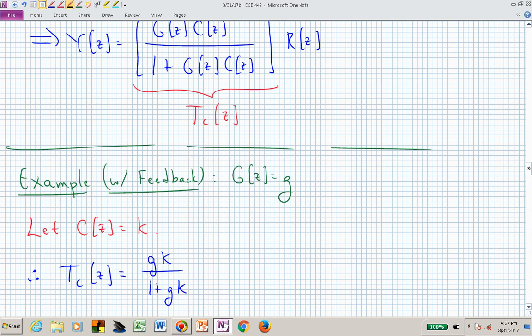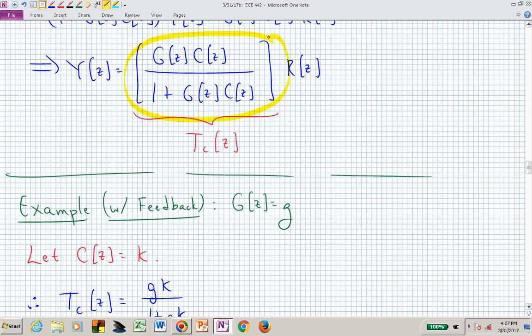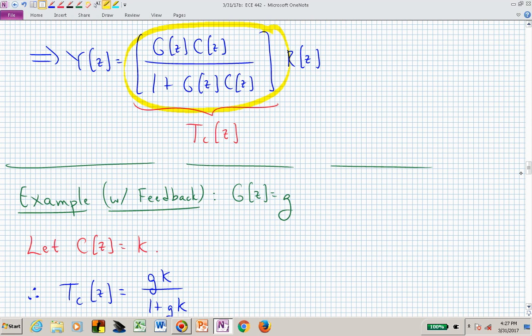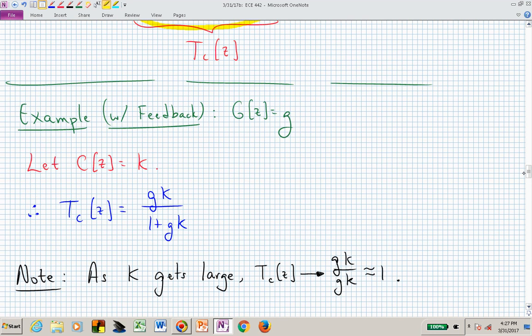If we plug in K for our controller and use this capital T sub C of z expression right here, then I hope it's clear that we now have G, our plant, times K in the numerator over 1 plus our plant G times our controller K. Now, if we look at that closed loop transfer function, as K gets large, then 1 plus GK basically becomes GK.